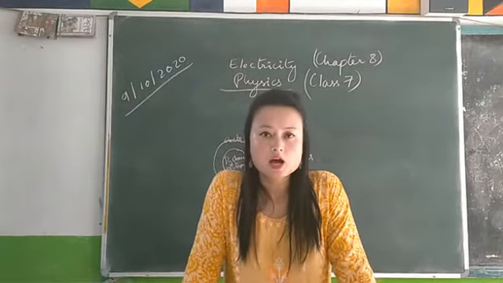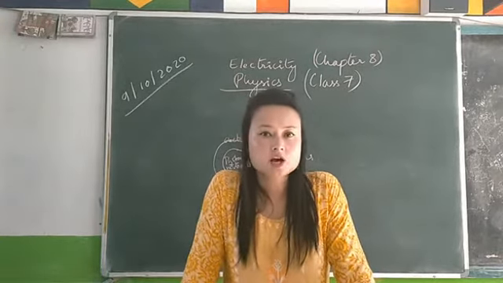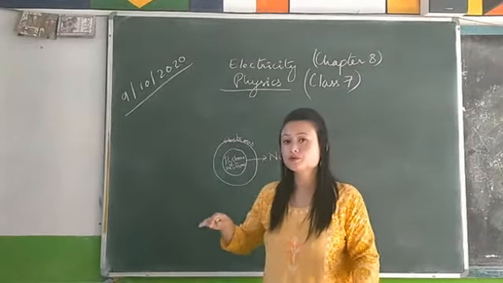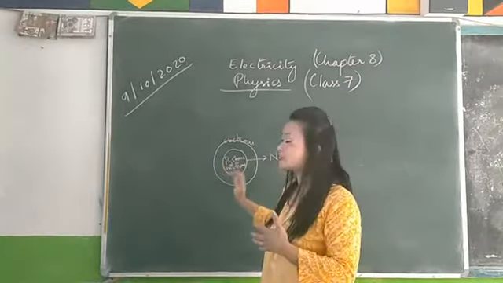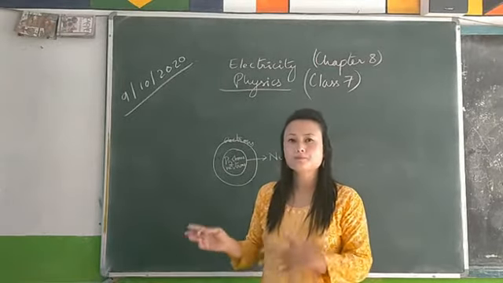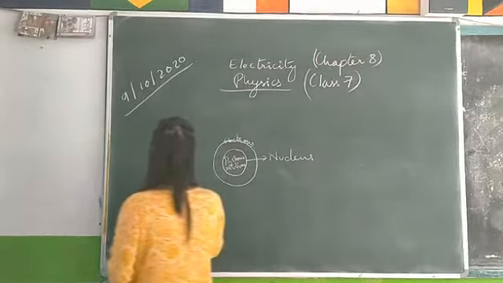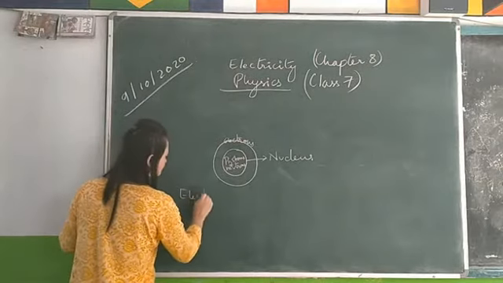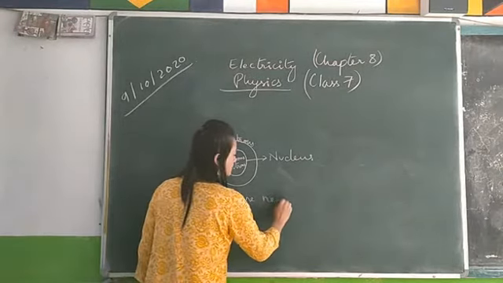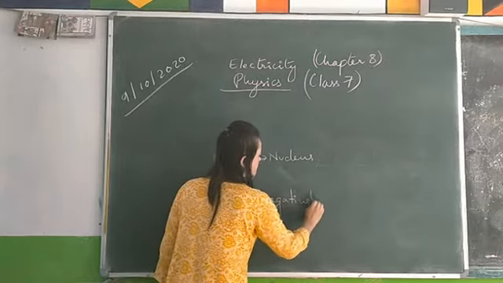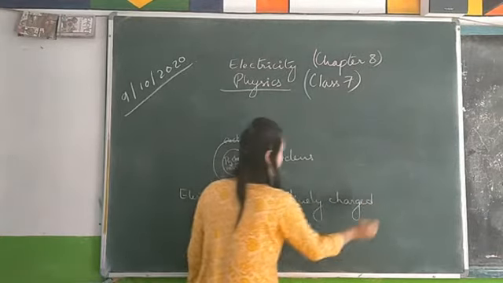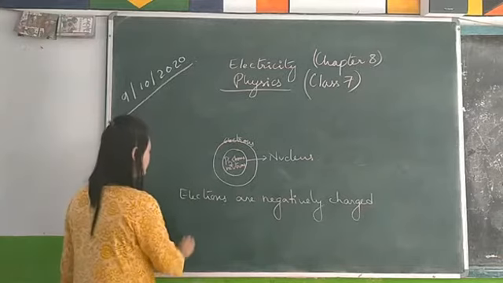Protons are positively charged particles. Protons and electrons are charged particles, whereas neutrons are neutral particles. Electrons, as you know, are negatively charged, which means the charge of an electron is negative.